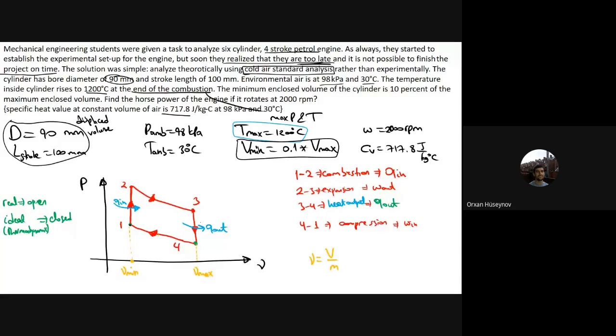Since this is a closed cycle, the mass is constant, so only the volume changes. If it is maximum volume, that means maximum specific volume. If it is minimum volume, it is minimum specific volume. Then if I can find the mass, I can find nu values for the other states and solve the problem. Now let's find the mass.